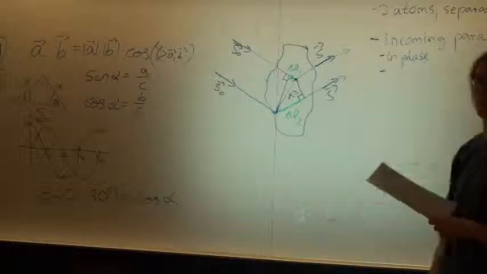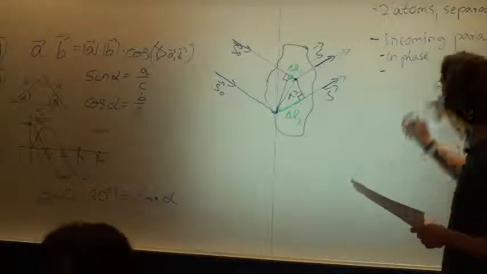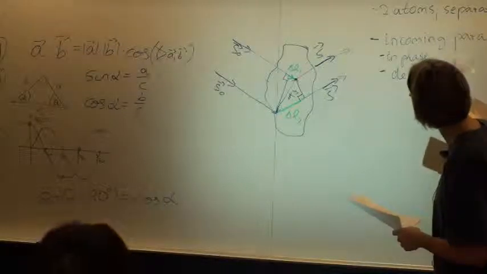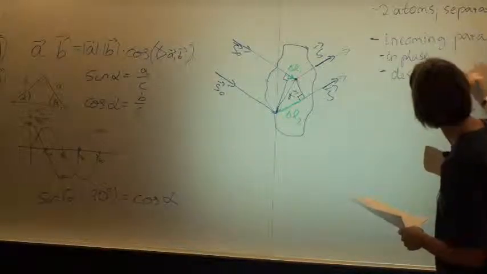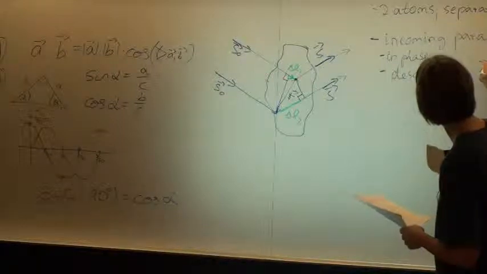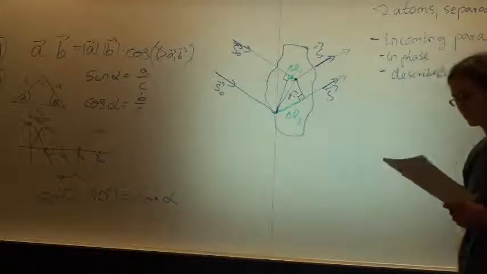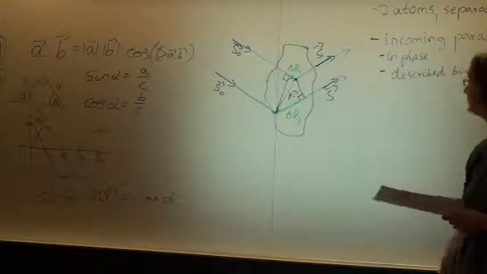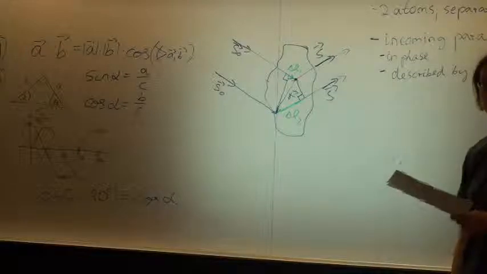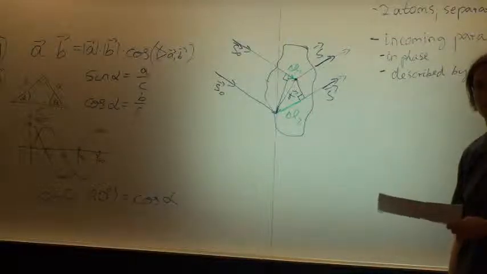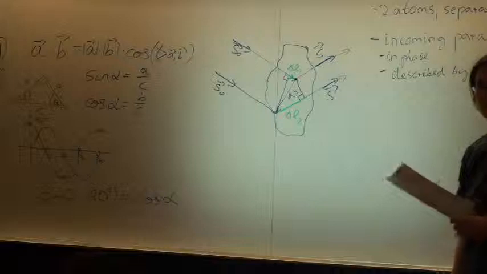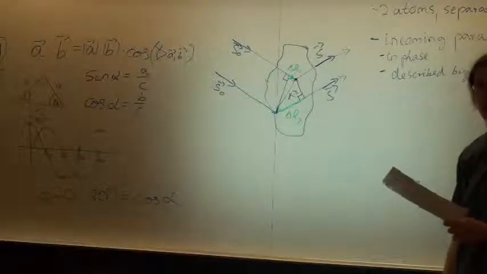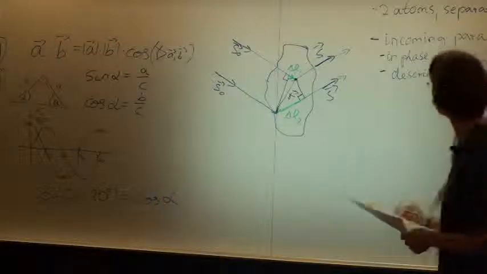And we've chosen to describe them by a vector, right? And given that all I really care about is the direction of the X-rays, I mean, I'll know a wavelength of them, but overall I mainly care about the direction of the X-rays.